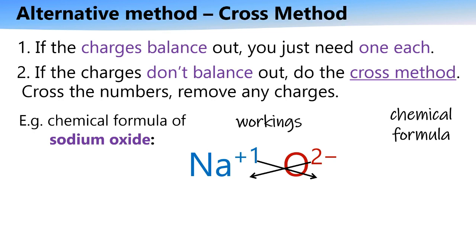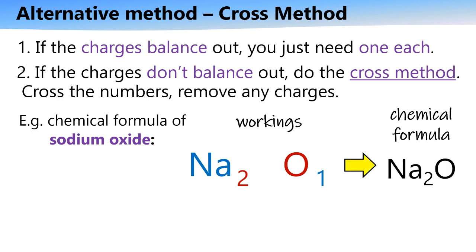So in this case, I am crossing 1 to the other side and 2 to the Na side. After I cross the numbers, I remove any charges. So the chemical formula will be Na2O1. But since we don't write 1, the chemical formula would simply be Na2O. So sodium oxide is Na2O.